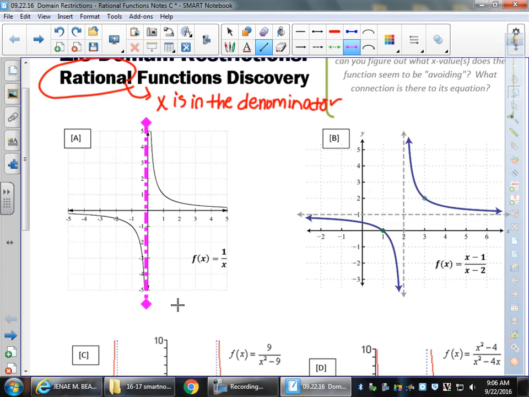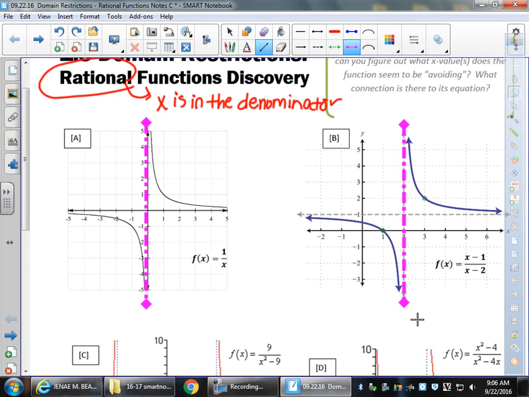And now let's look at B. What x value is this graph avoiding? What vertical line? Still the y-axis? No, the graph goes through the y-axis. True. I'm strictly looking for these vertical lines right now.